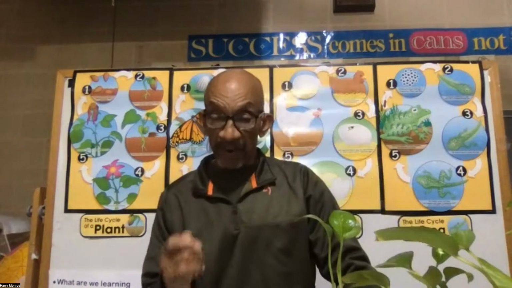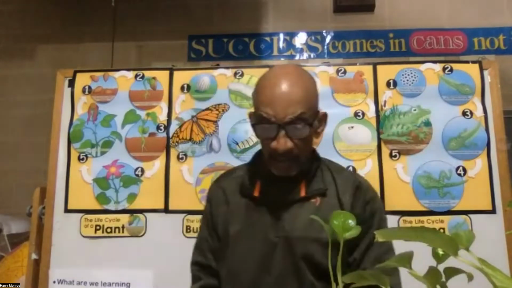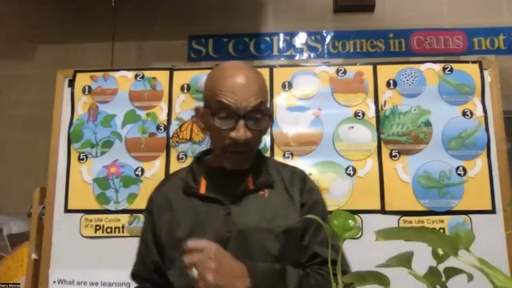Now, that brings to mind something else. Not only do they reproduce, but plants will grow and develop, or living things will grow and develop, okay? They also have the ability to change with the environment. Take, for example, if you were here with me today, and hopefully it wouldn't be as cold as it is outside right now, we would take a walk into the Post Oak Preserve, which is the forest across the street, and you would hear me talk about some of the plants that inhabit our forest, especially the post oak trees, because the post oak tree is going to produce an acorn, which is a seed.